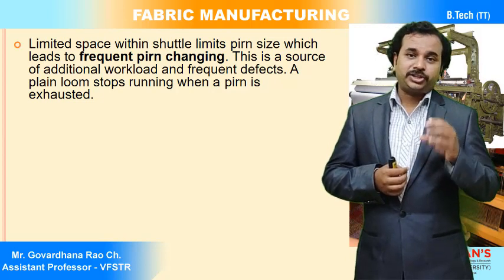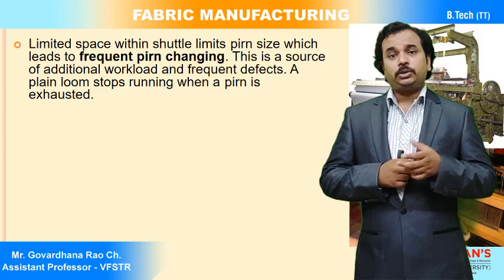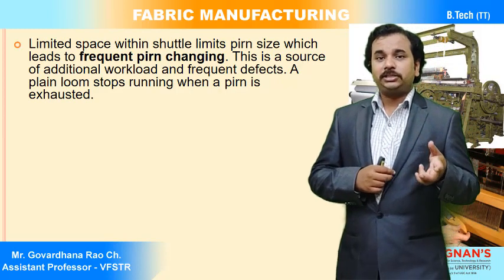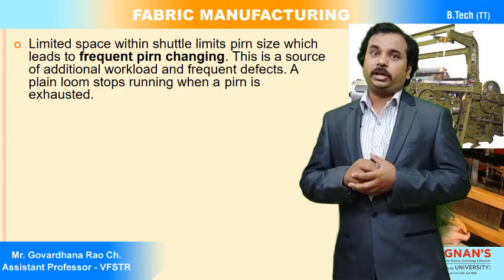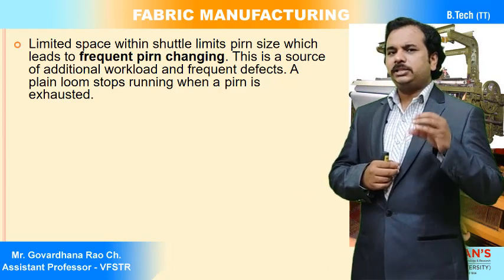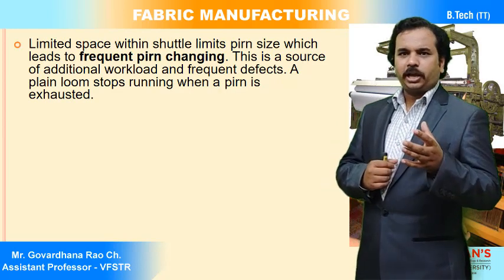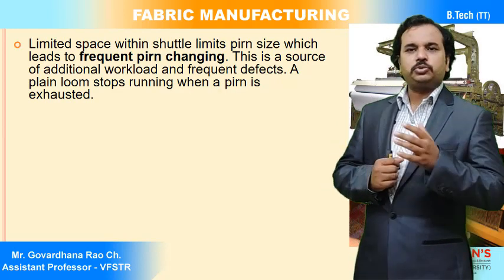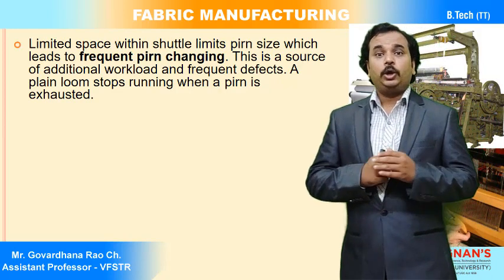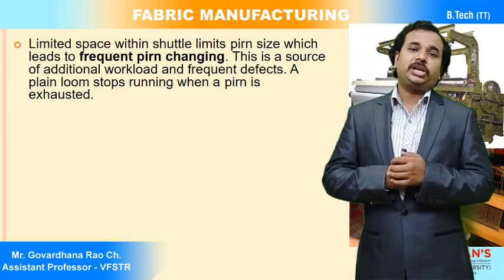As per the shed depth opening, we need to set the shuttle height. The shuttle height is determined by the shed opening, so the pirn size is limited. Generally the pirn weight is 80 to 100 grams, so there is a limitation: frequently we need to change the pirn.